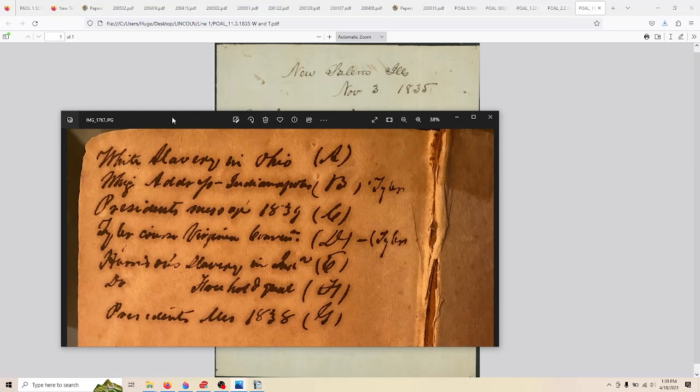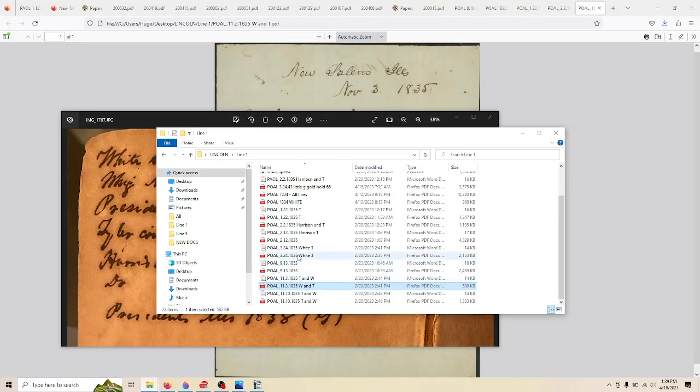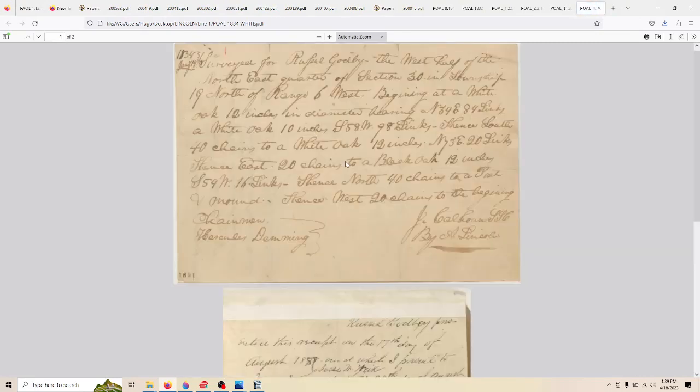How about the word white in itself? Just the word white. One thing he does with the T and the E at the end is he makes these E's at the end with his T and his E. Sometimes they're more prominent than other times.